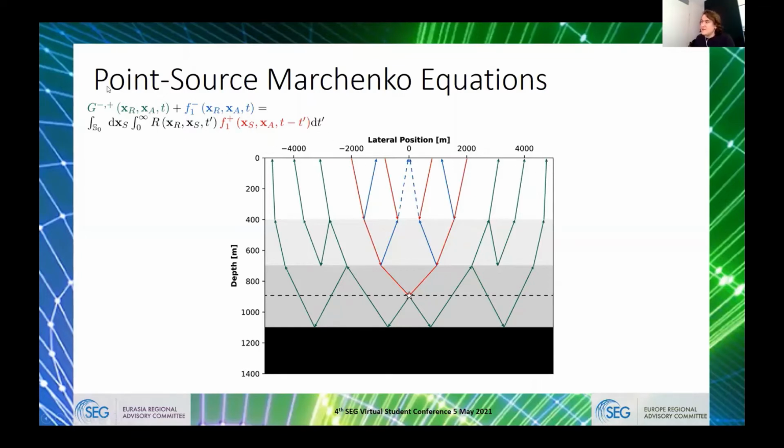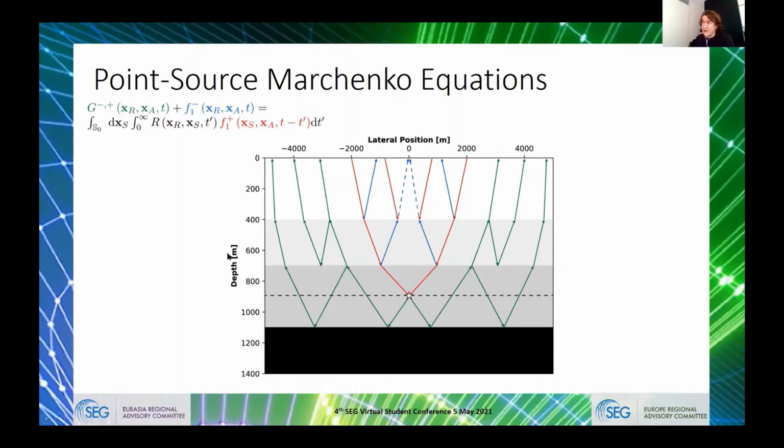And what you can see is this is a convolution in this case, and a convolution with the reflection response of the medium. So the reflection response is measured at the source coordinates XS and received at the receiver's coordinates XR. And effectively what we do is this means that we insert this function into our medium, as you can see in the schematic drawing over here.